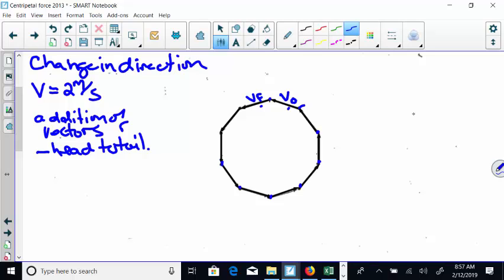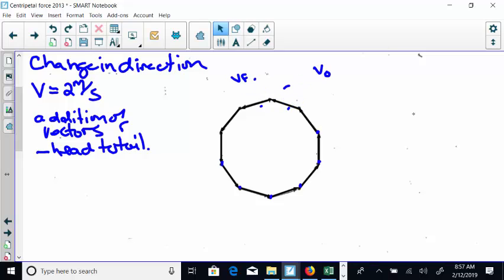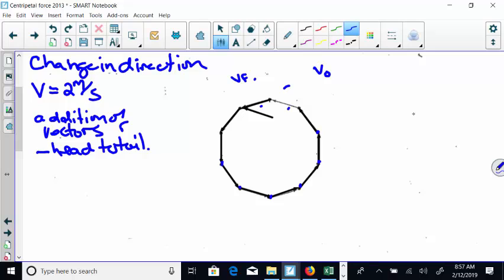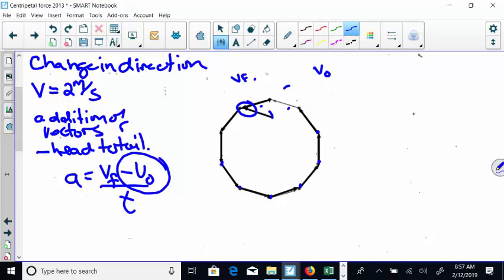If you think about that, remember that we add vectors head to tail. So with these two vectors, if I follow my rules of vector addition and add them head to tail, I'm going to take this vector and add it to this vector. Now, you have to remember that this acceleration is v final minus v initial over time, which means I have to take this vector here and make it the exact same magnitude but opposite direction.